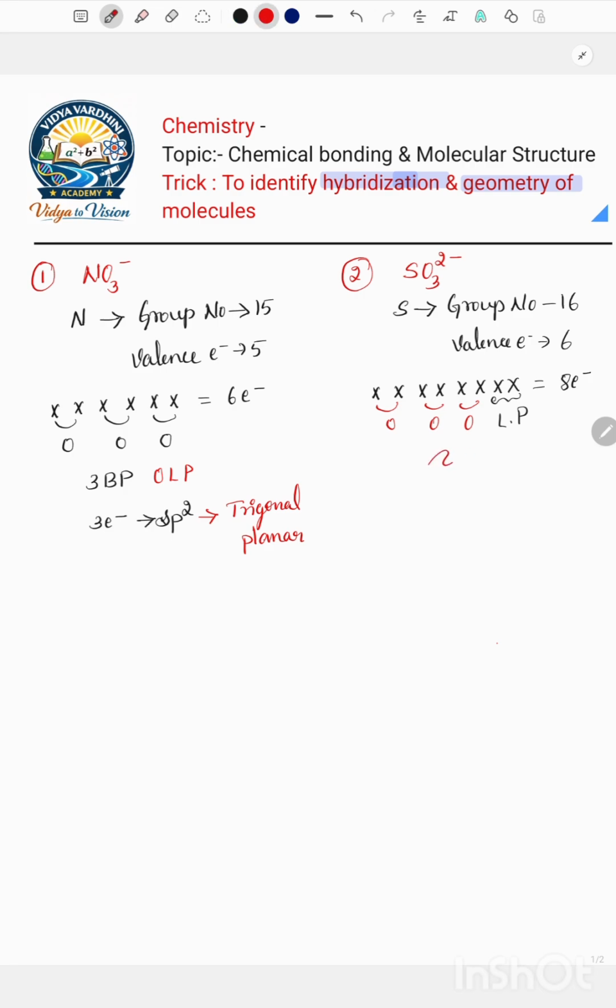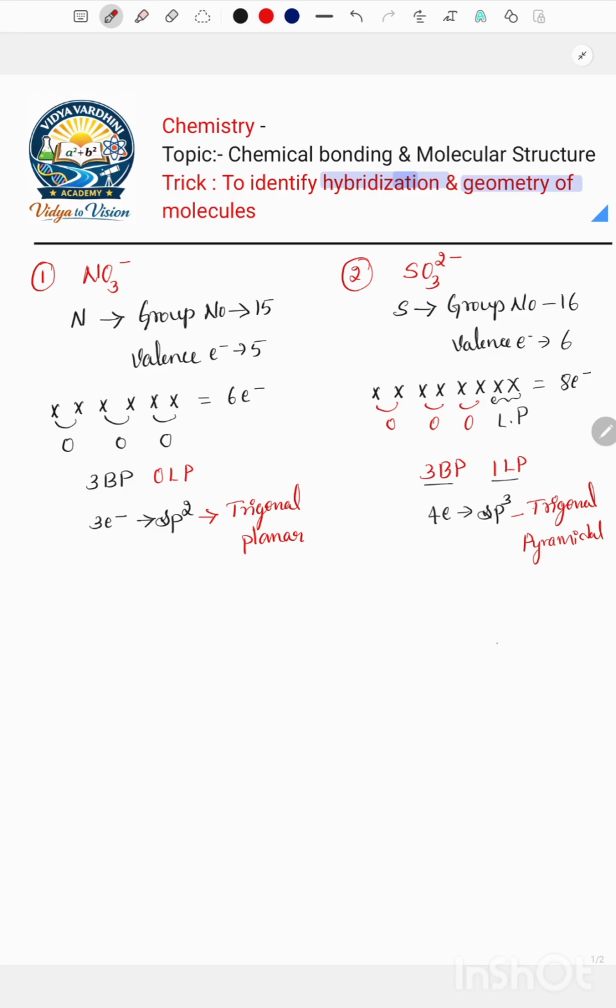We can see that there are 3 bond pairs and 1 lone pair. When there are totally 4 electron pairs, the hybridization is sp3 hybridization. But here 3 bond pairs and 1 lone pair refers to pyramidal geometry. That's it.